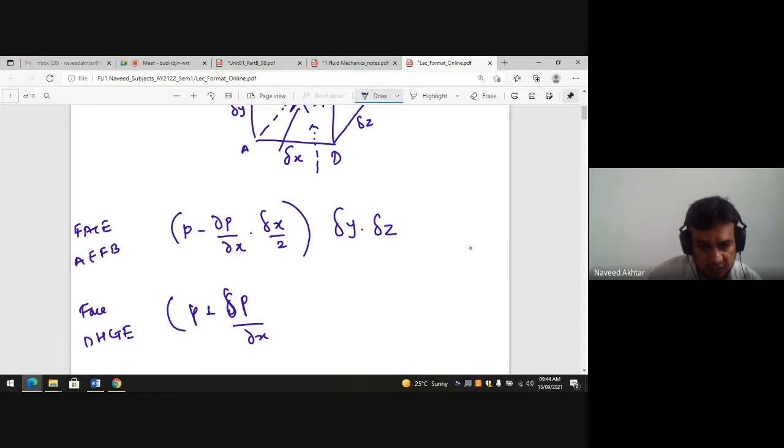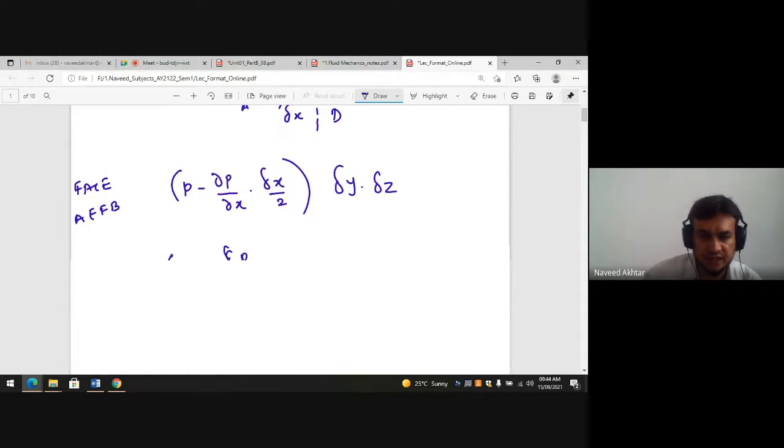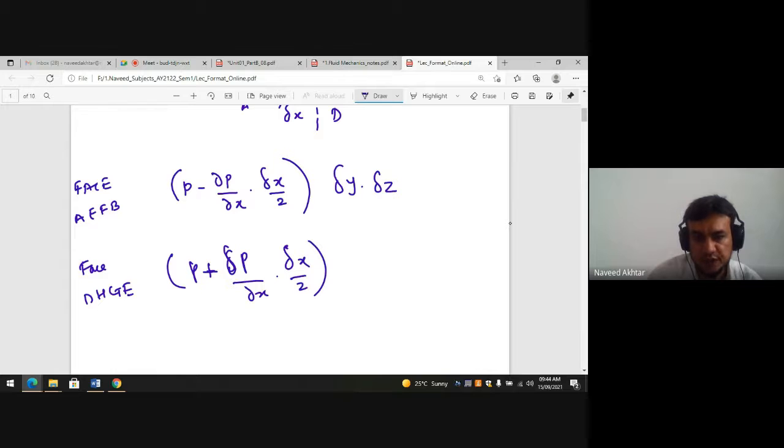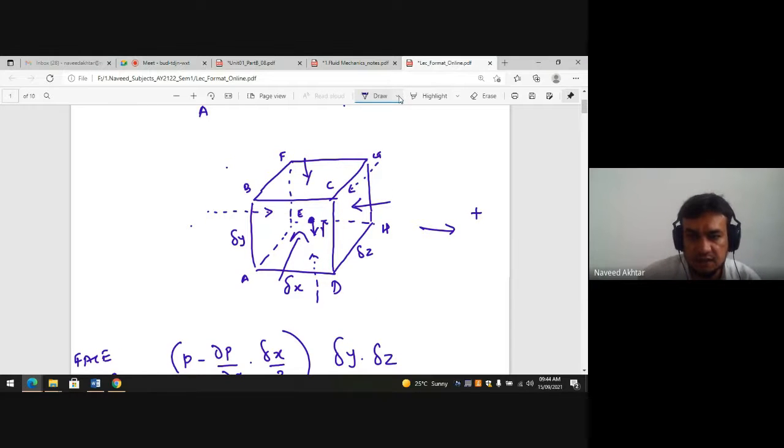Here no minus, it will be plus, right? Because it is the positive x direction, so it will be plus. So P plus ∂P/∂x into δx by 2 into δy into δz.